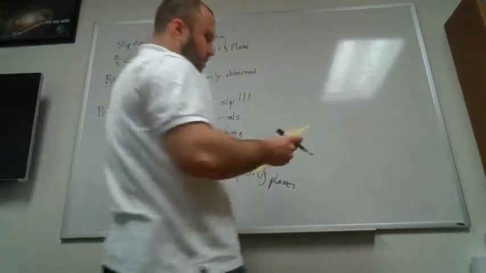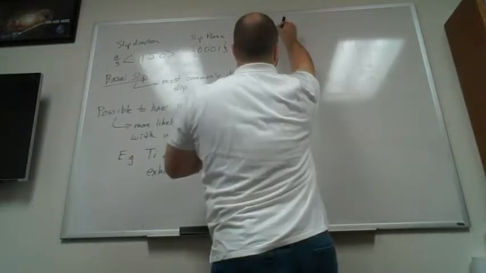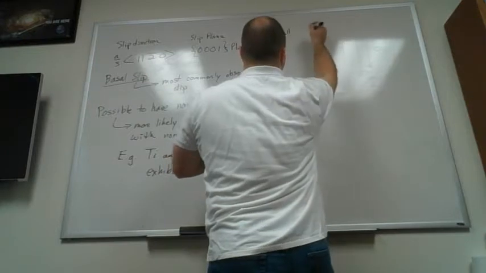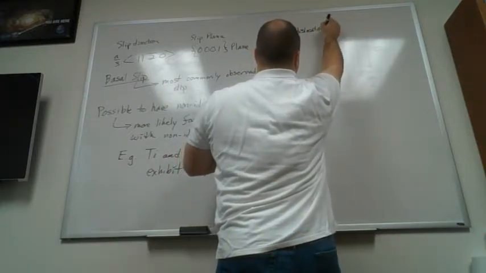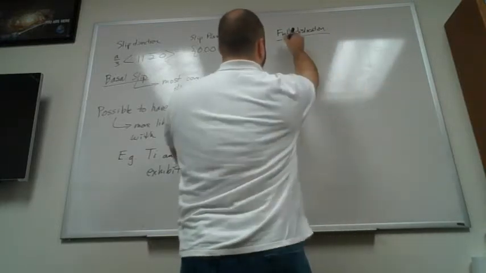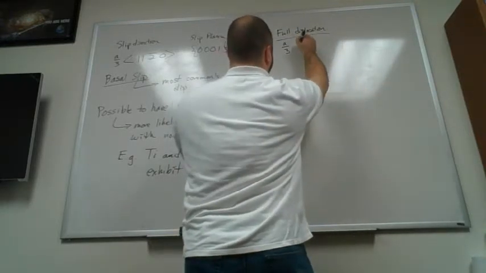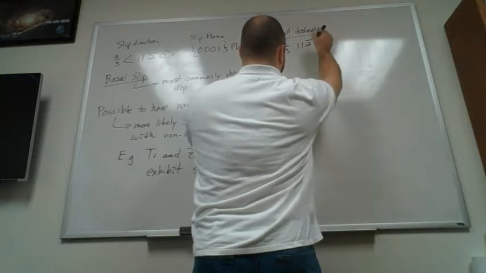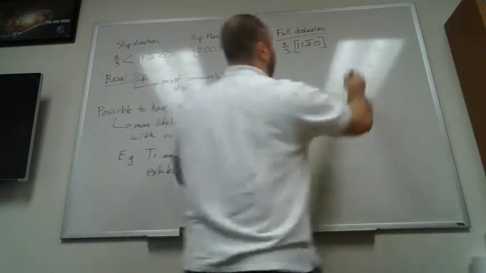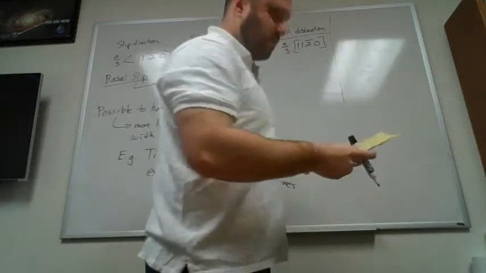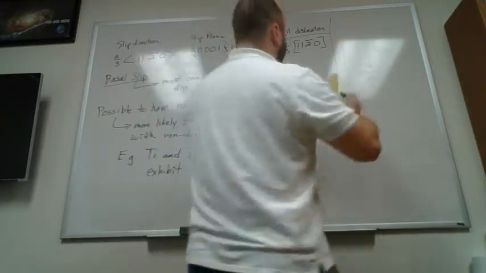Okay? So if we think about our full or perfect dislocation, its Burgers vector is a/3 <11-20>. We want to do the calculation and think if we could have partial dislocations as well.